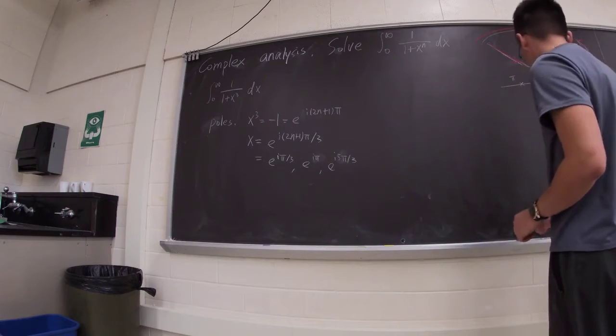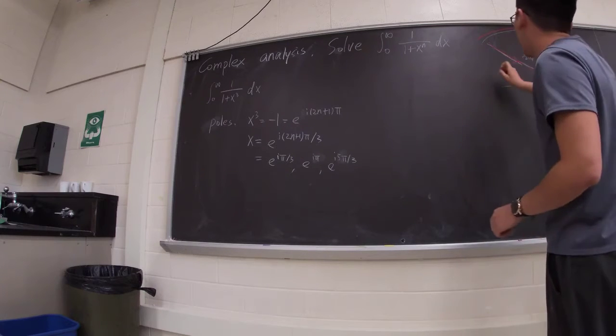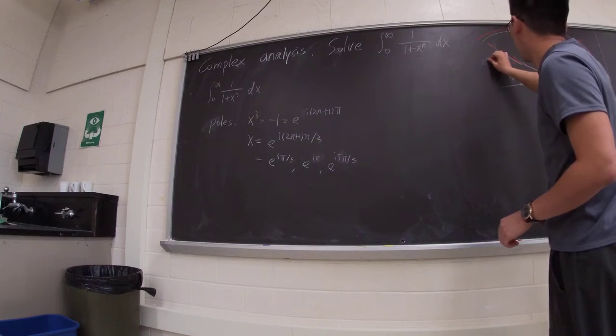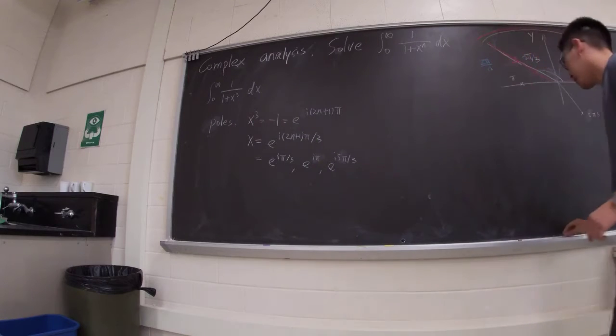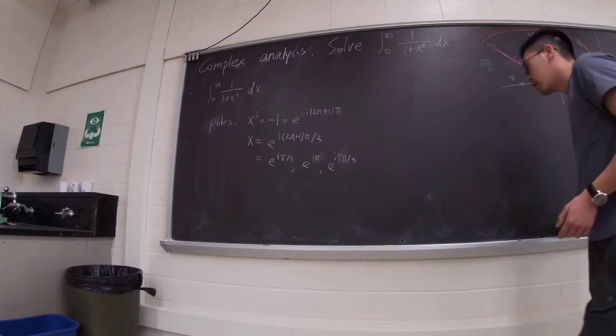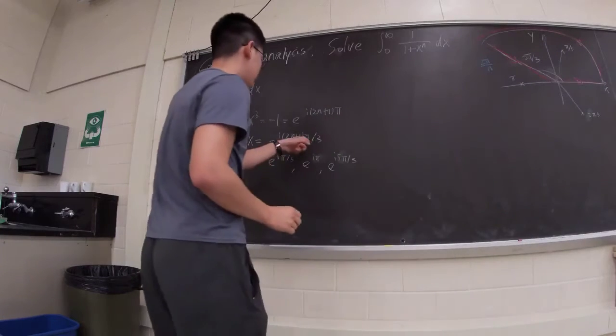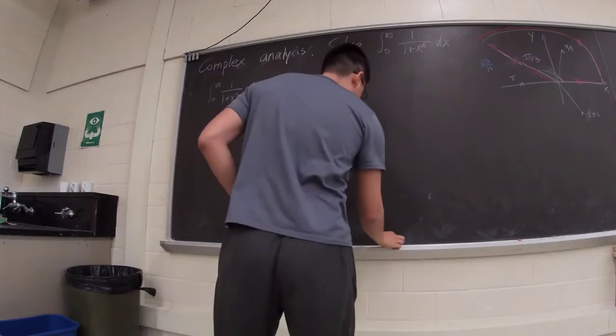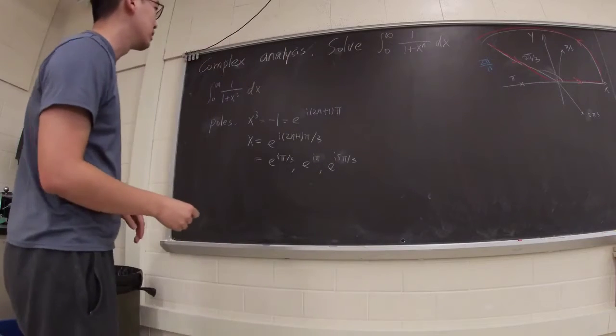So in general, I will write in blue, it will be 2 pi over n. And for this, I will talk about the general case in the future.